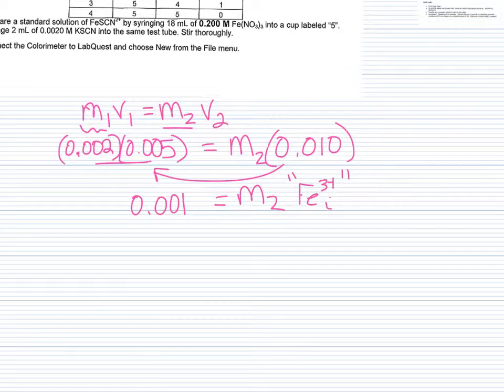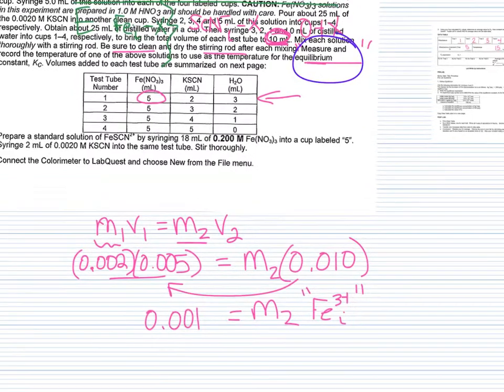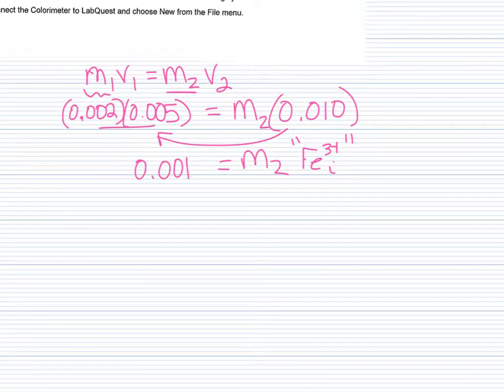All right, so now I'm going to find it for my KSCN, potassium thiocyanate. We're going to be referring to this 2 milliliters. This was also a 0.002 molarity. So let me set that calculation up. Okay, so now I have M1 V1 equals M2 V2 again.